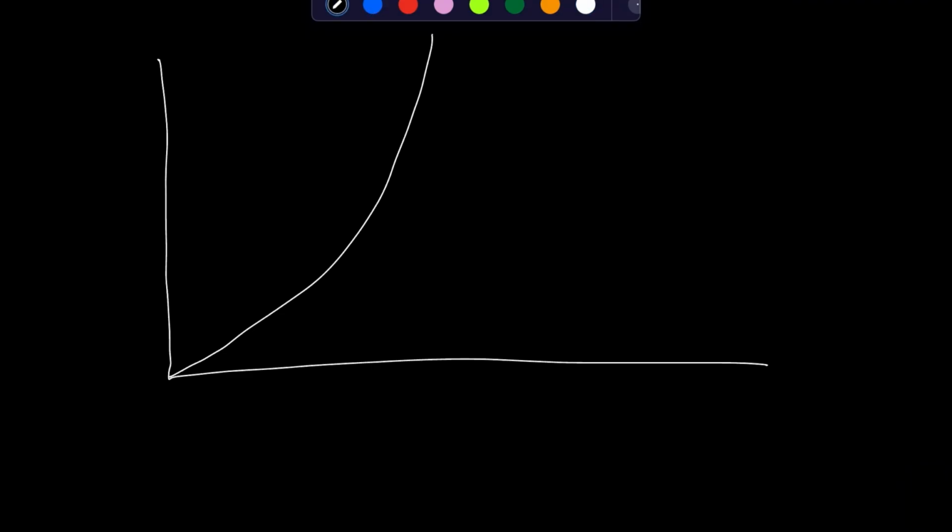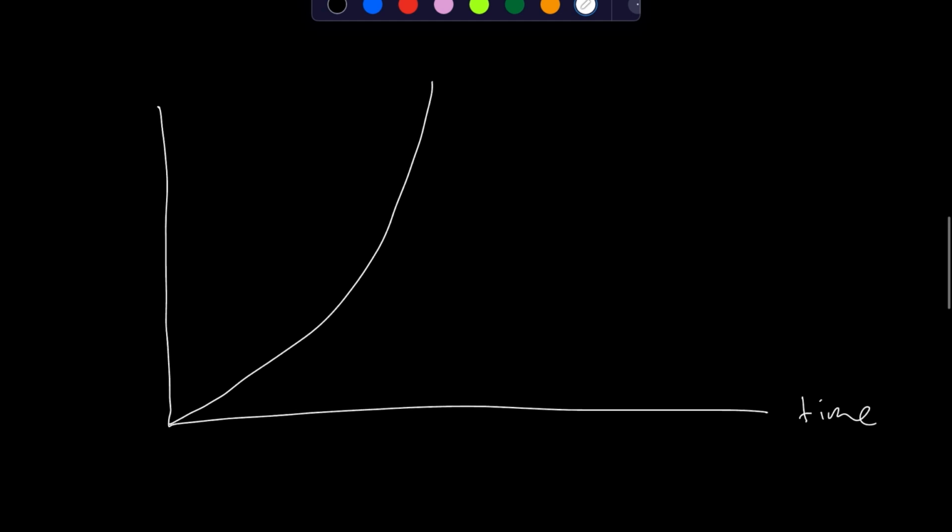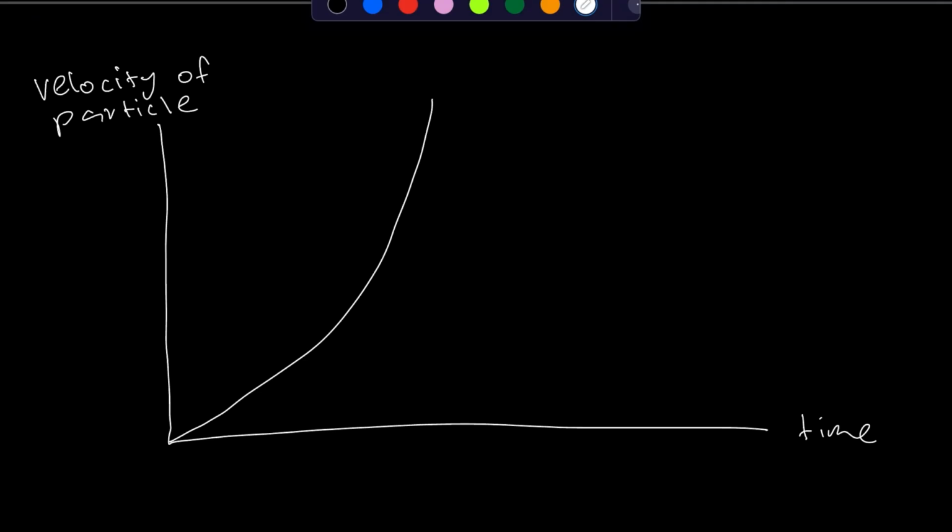So on our x-axis, we still have time. And on our y-axis, we have velocity of the particle. Now, why is calculus important when it comes to finding the velocity? Like what does this have to do with each other?